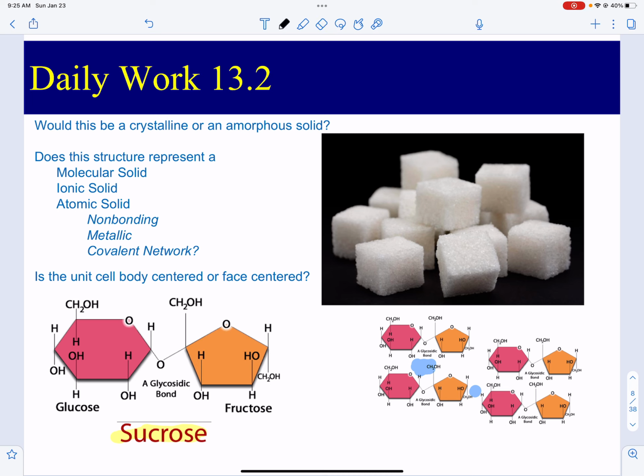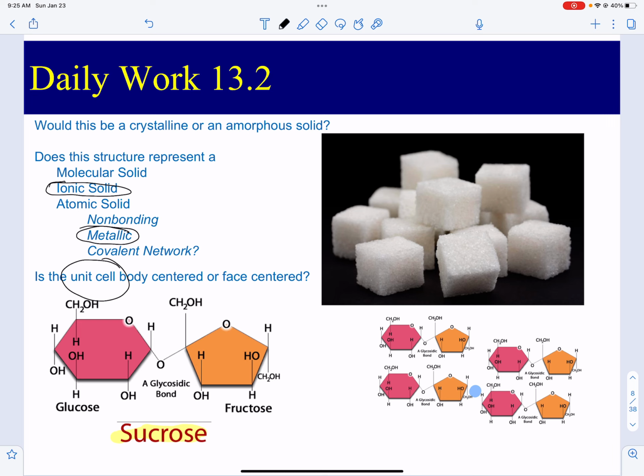Is the unit cell body center or face center? Do you see the unit cell anywhere? The concept of unit cell is only going to apply to ionic solids or metallic solids.